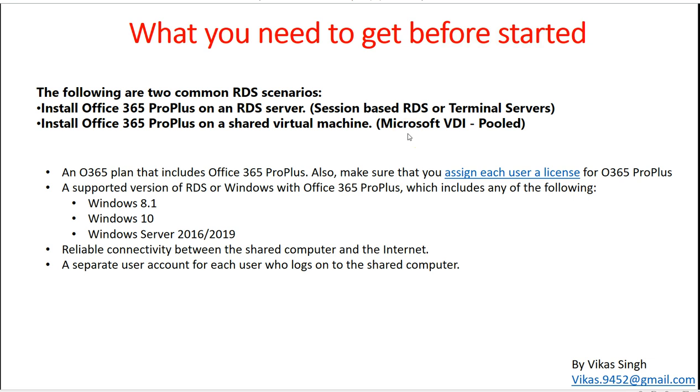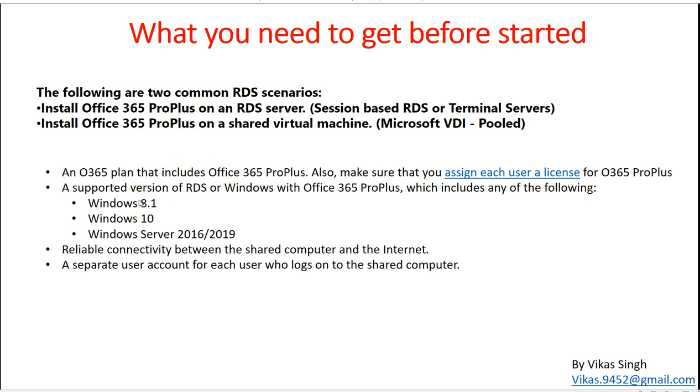The installation is pretty much the same. In this video I'm going to install on an RDS, which is basically a terminal server session host server, so we are going to follow this first scenario.